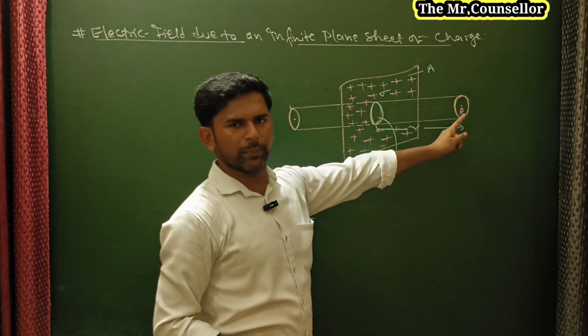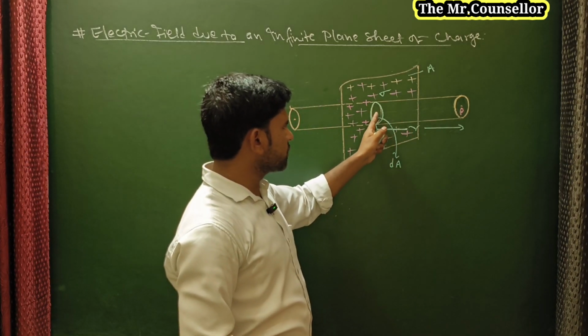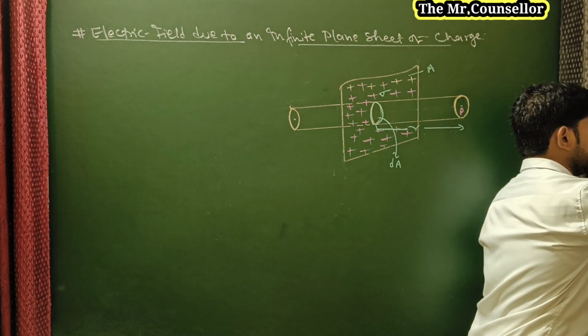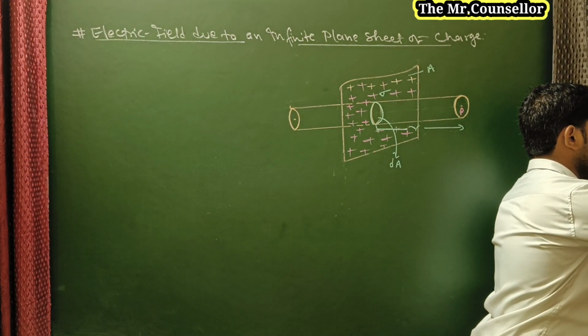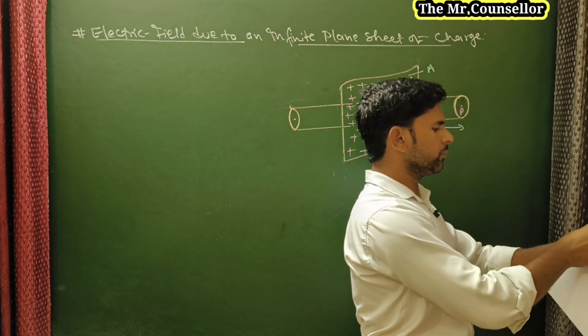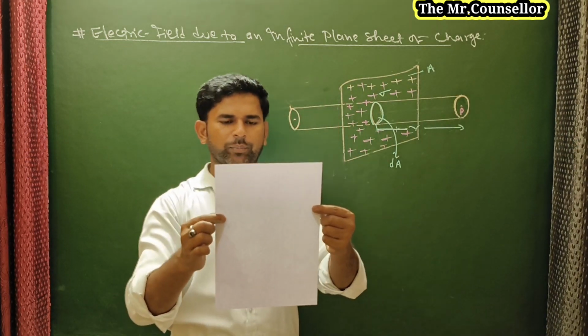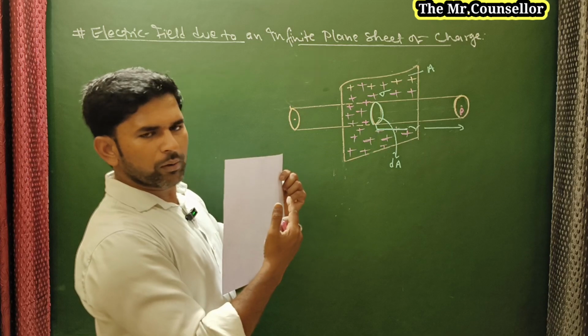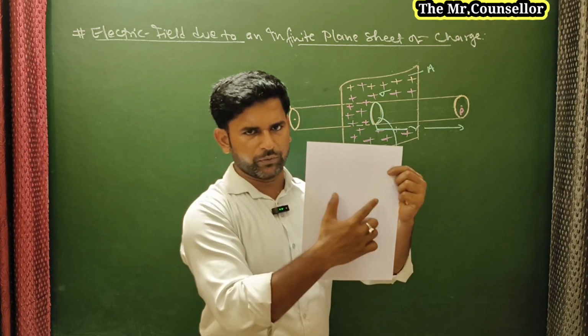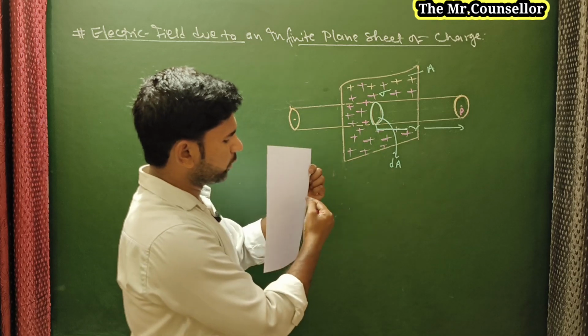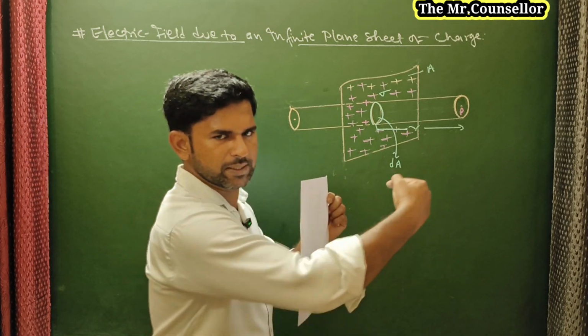What point are we going to take? P. Suppose we have this one plane sheet, for example. For the front of this sheet, we consider one point P at distance r.